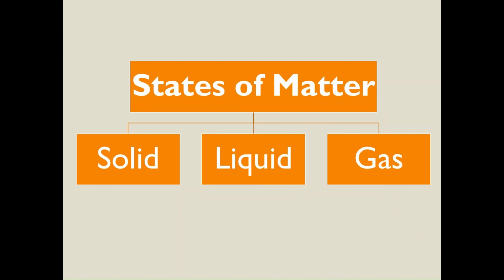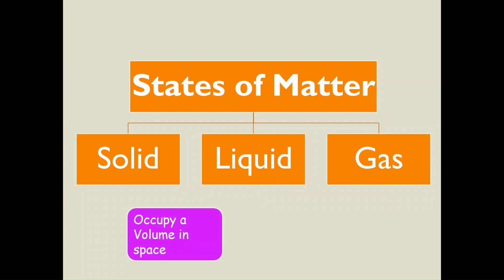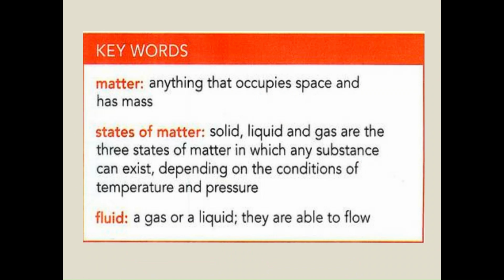Any matter around you, you can see it as solid, liquid, or gas. So matter is anything that occupies a volume in space and has a mass. So this is a wrap-up of what I said.